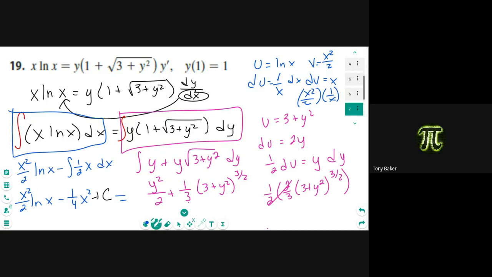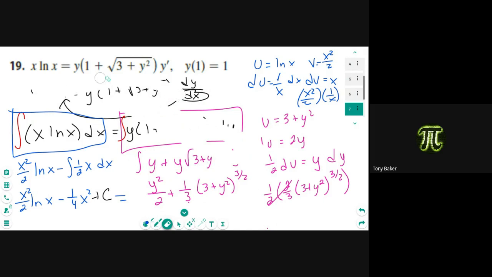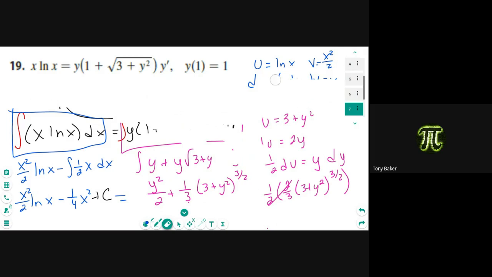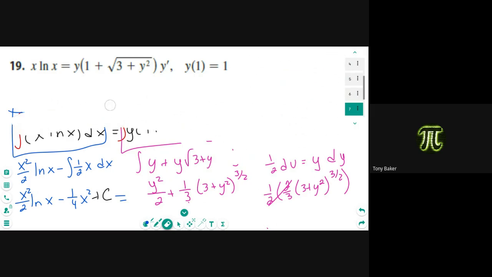Yes, I'm erasing because I'm going to do the other part of the problem.